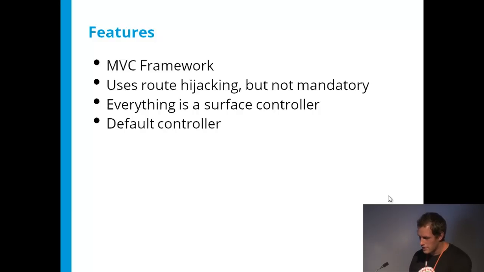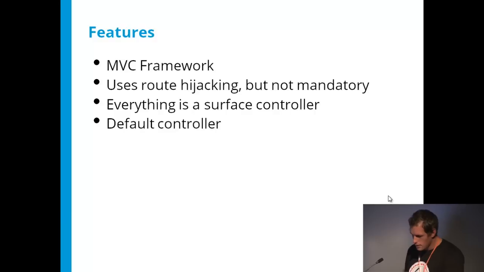But in this case, if you don't have your own controller, it will be using this default controller. And the benefit from that is that with a default controller, we use output caching on our controllers. So it doesn't matter which page we use, we can always use the output cache attribute.